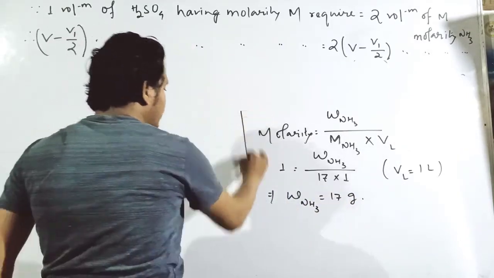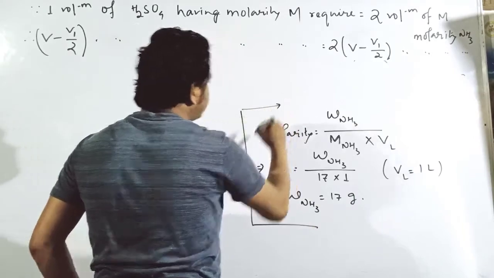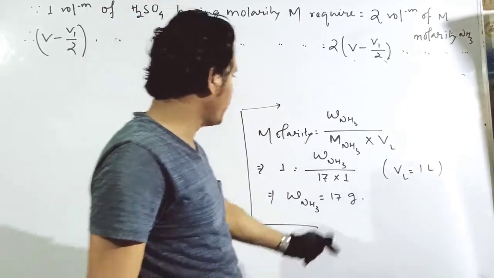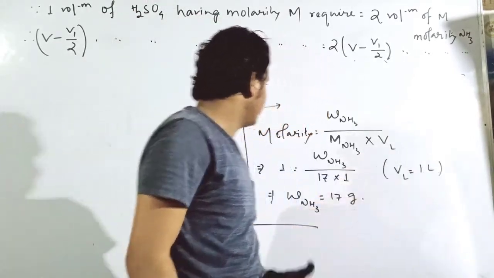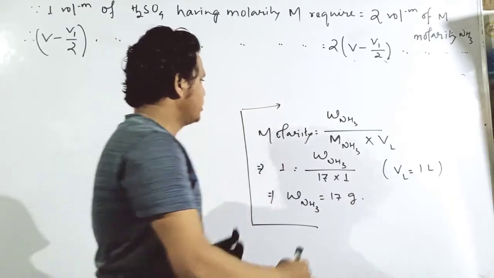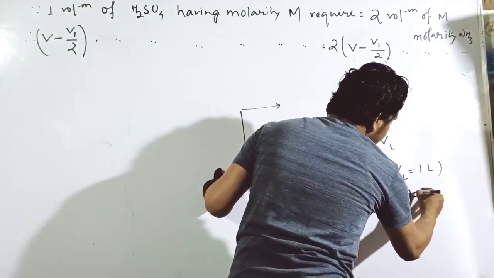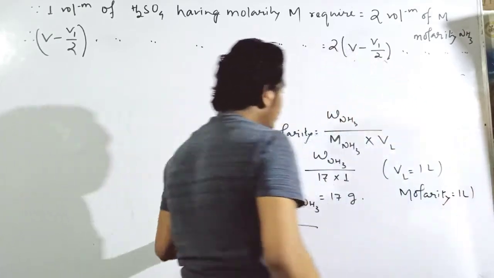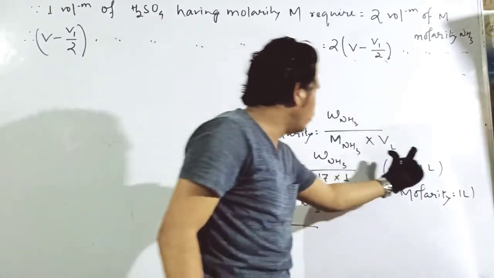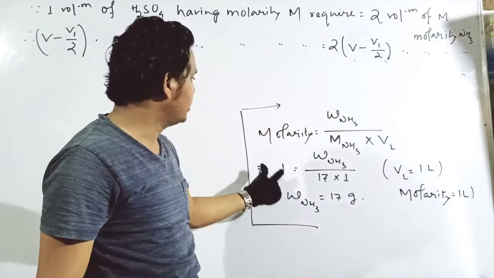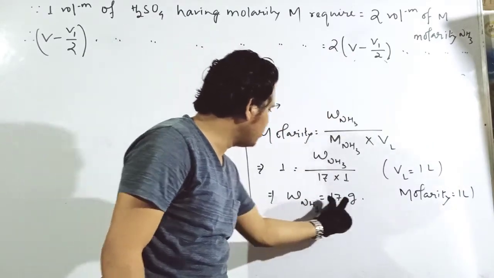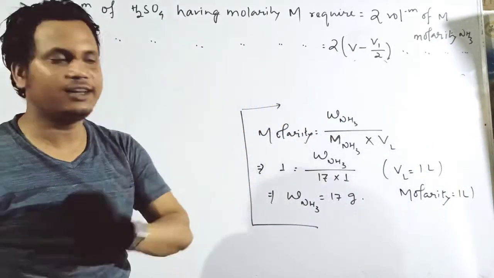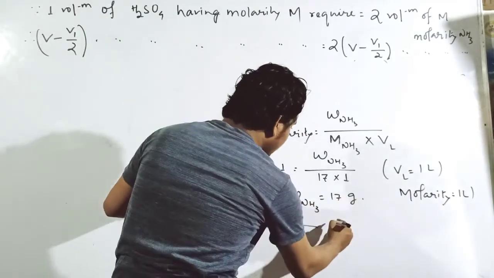So from this condition we will say that if 1 molarity is there, 1 liter volume is there, then the mass of ammonia will be how much? 17 gram ammonia.